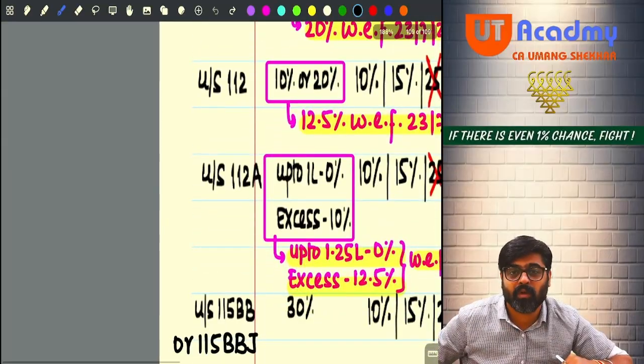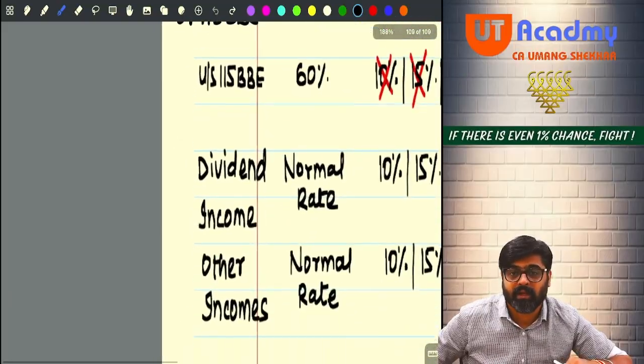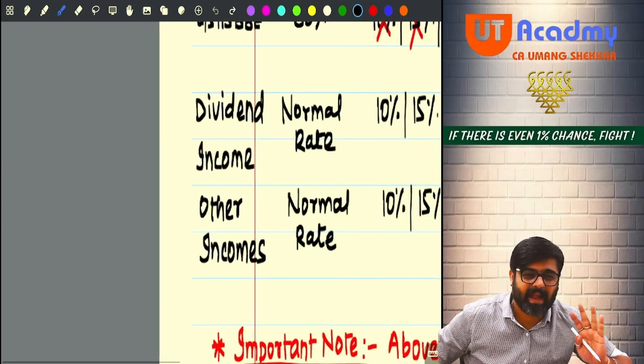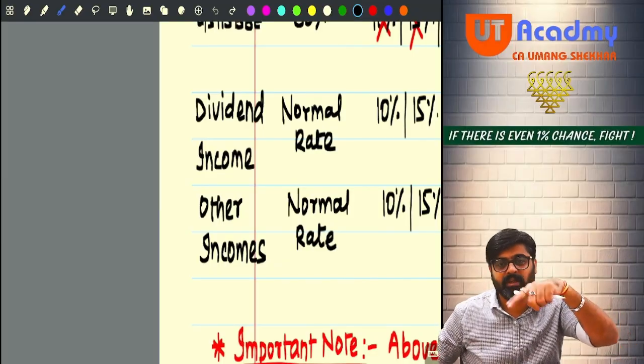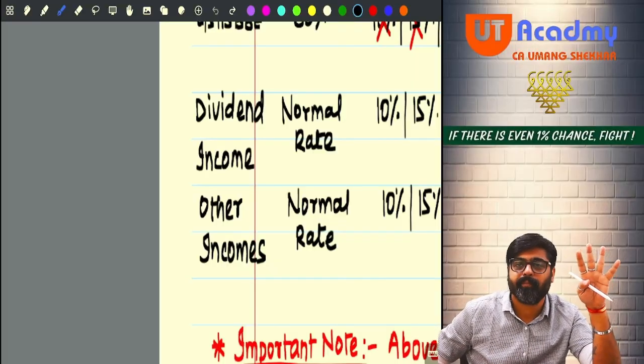Likewise, I have done it for all the incomes. See, 112 also, 112A also, 115BB, 115BBE, dividend income, other incomes. For all, I have done it. Yes or no? So in the end, when we are going to solve the total income questions, that time come and see this entire summary table, you will understand. Okay.